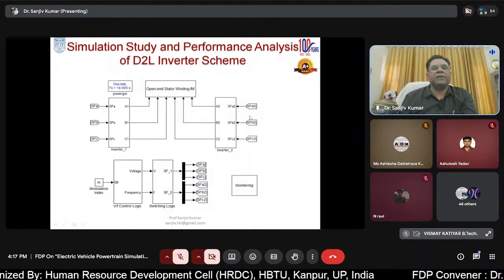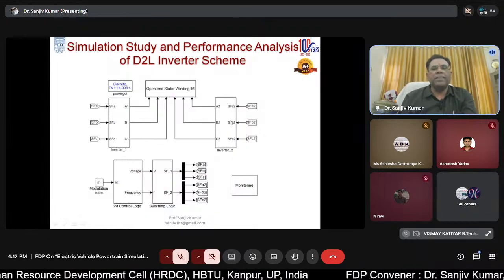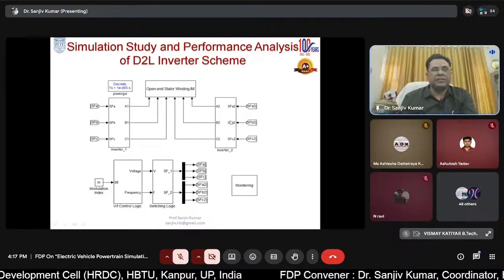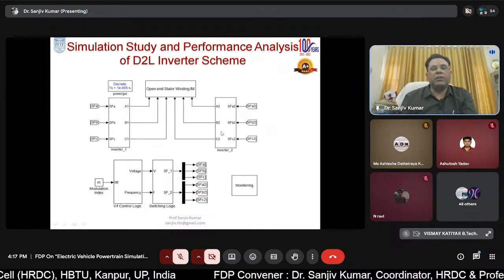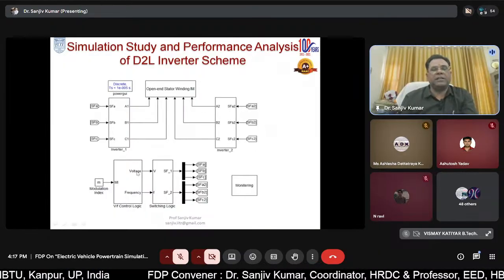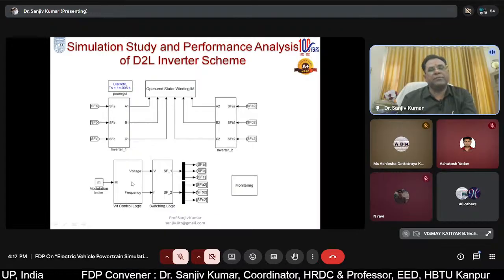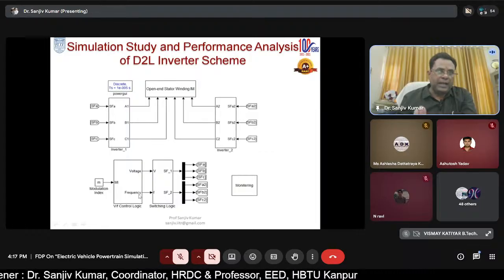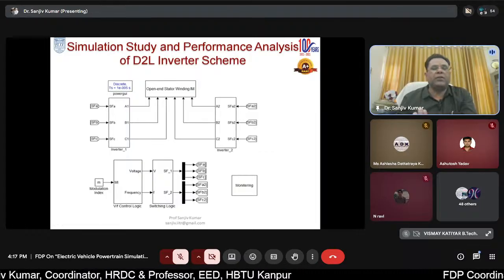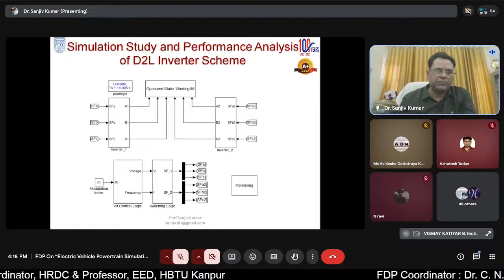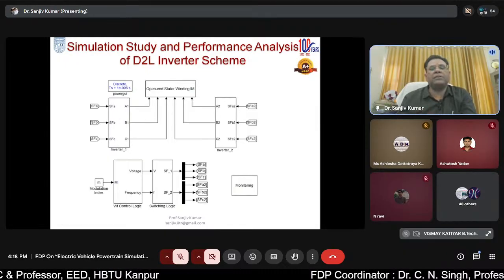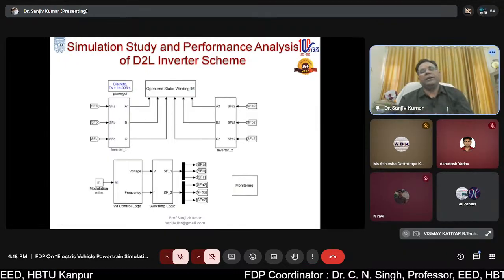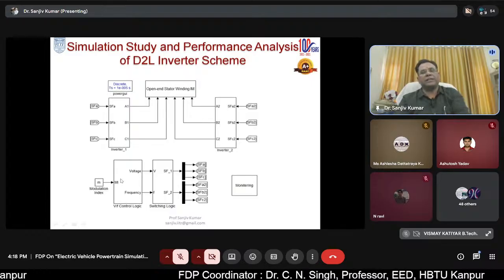So six terminals are fed by these two inverters, and to control these inverters, a modulation index is provided which generates the voltage and frequency. And here we have maintained a constant V by F ratio just to utilize the motor flux fully, right? So these pulses are generated.